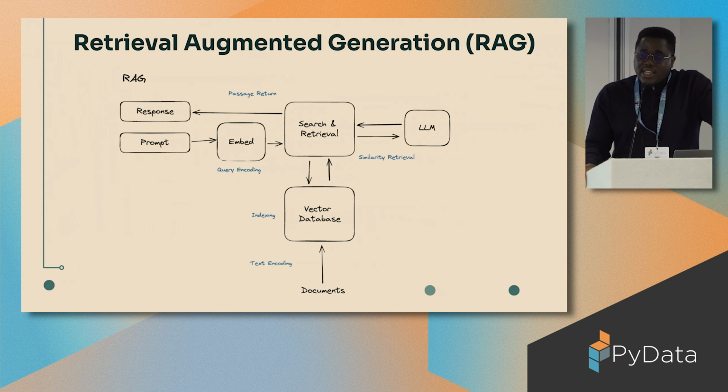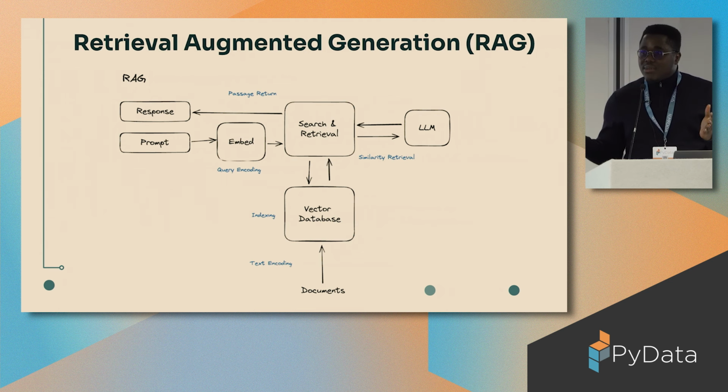Then you use that vector representation to search your vector database to find similar documents to answer that particular question. You take those documents as context for the LLM, and you pass that to the LLM with the initial user query.